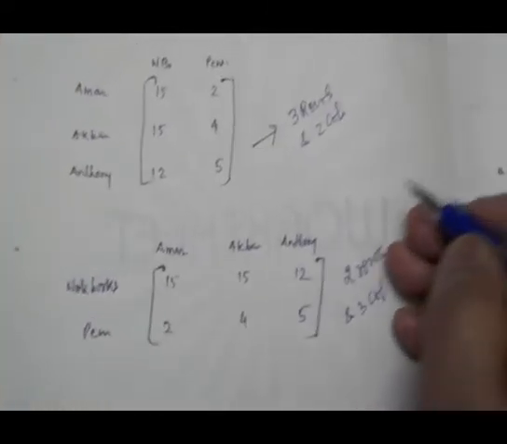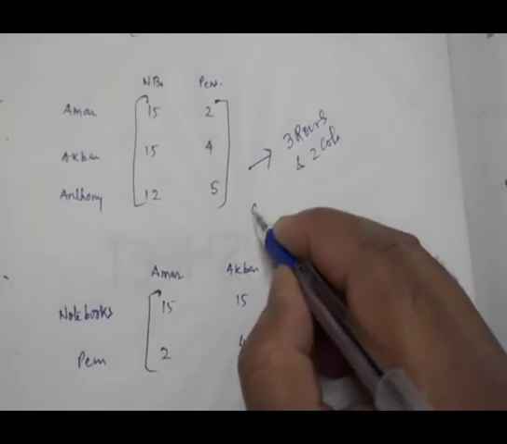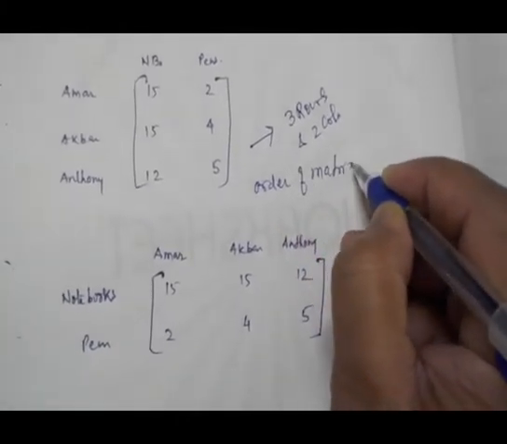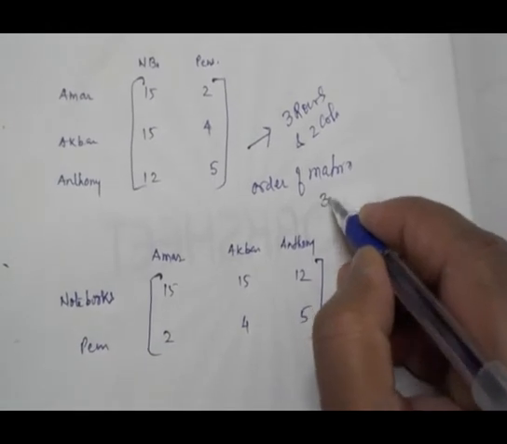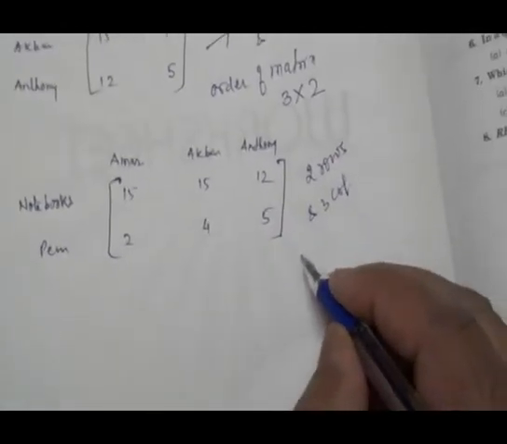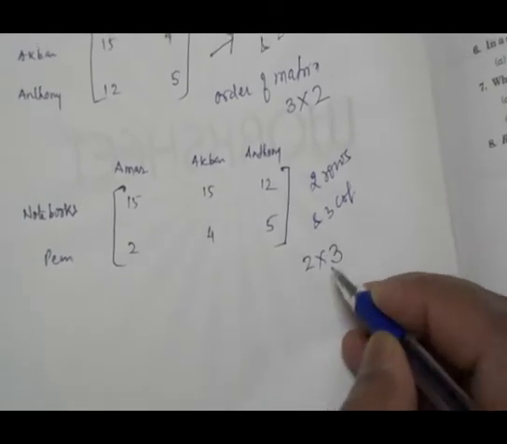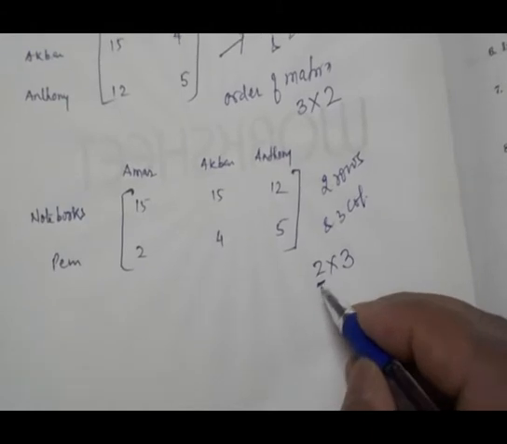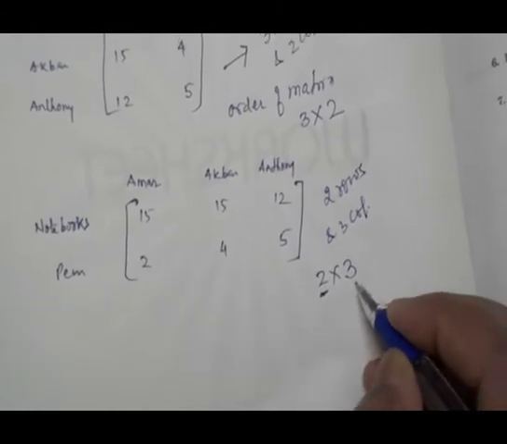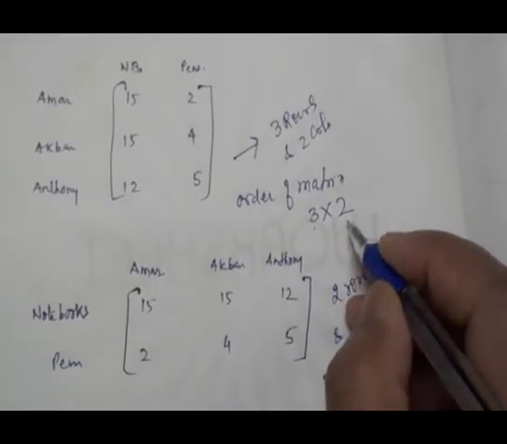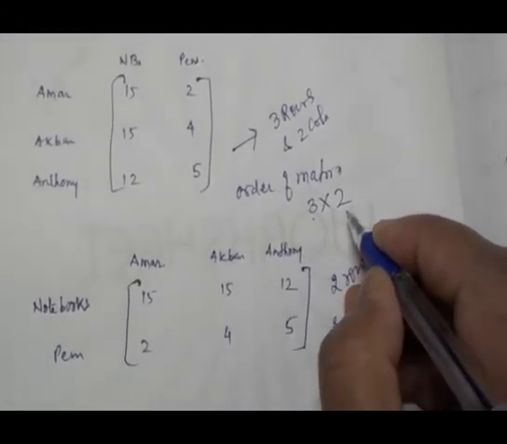This is called the order of a matrix, represented as 3 by 2, and this as 2 by 3. The first number represents the number of rows, the second the number of columns.